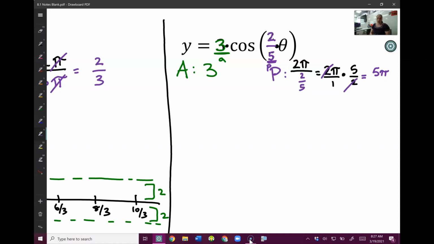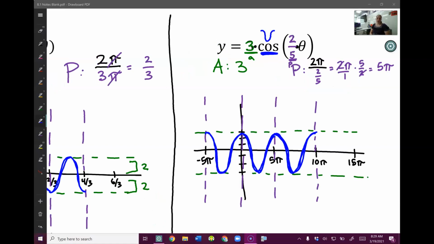So knowing that, I want you to pause the video, try to sketch this graph on your own using what we've learned so far, and then come back to see how you did. Let's check what you got with what I got. Our amplitude is 3, so that means I go up 3, down 3 to make my amplitude barrier lines.